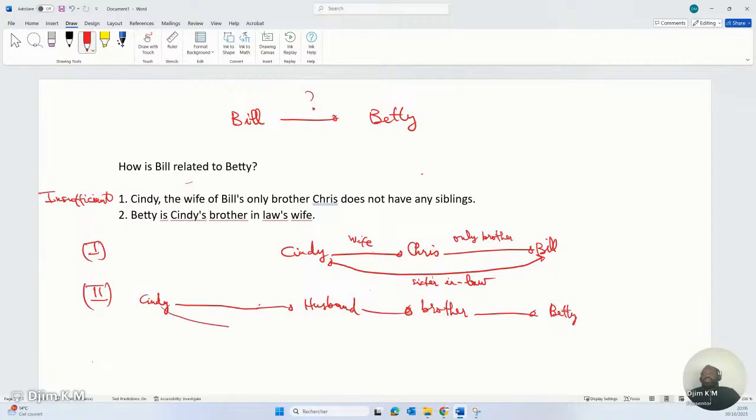Okay, so this is Cindy's brother-in-law, and that brother-in-law has a wife that is called Betty. So this is also insufficient because we don't have Bill in the equation here.